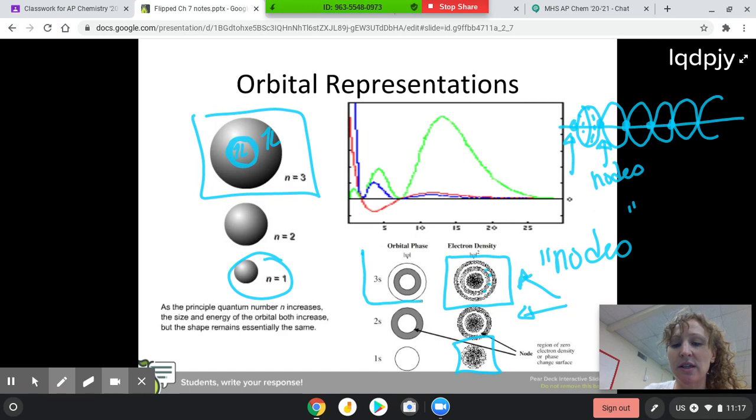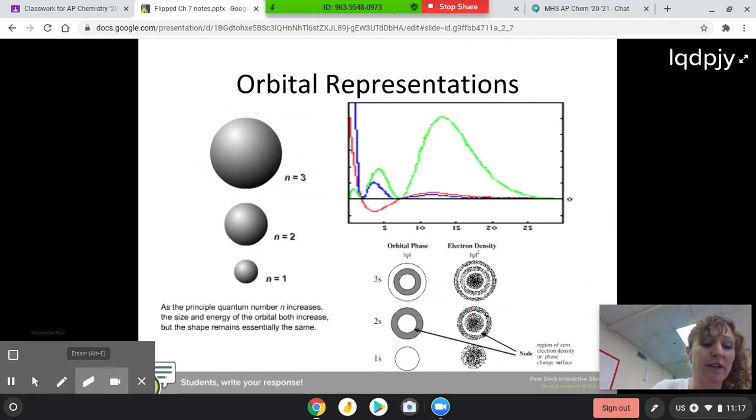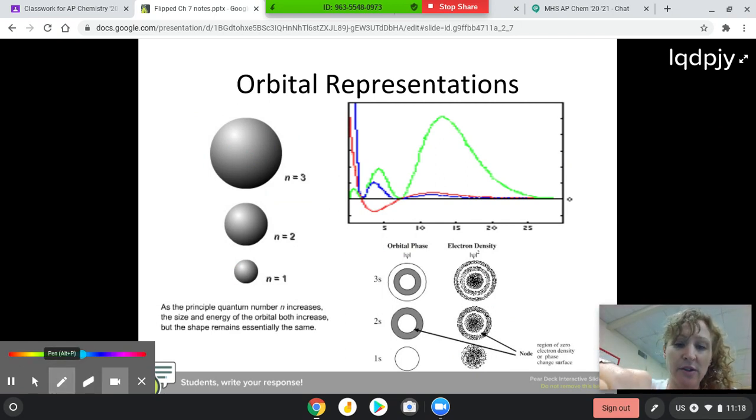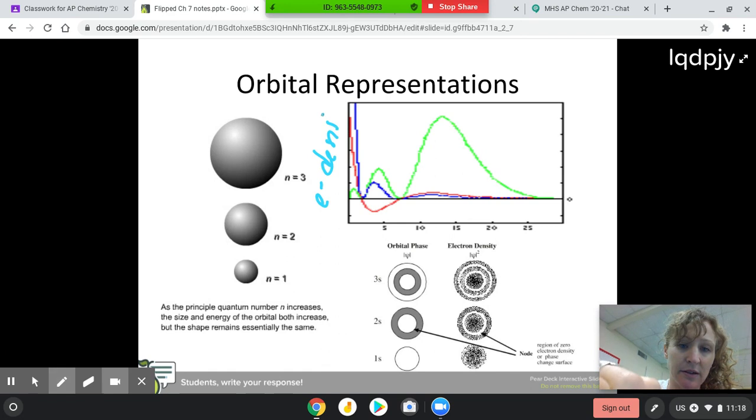You could also see that communicated as a solid. And then what I really want to show you is the graph up above. This graph is showing electron density on the side.